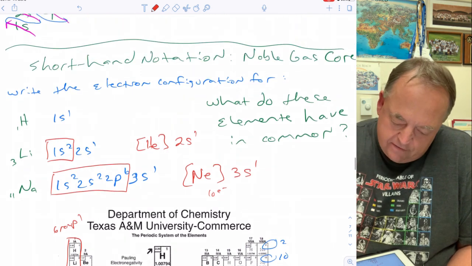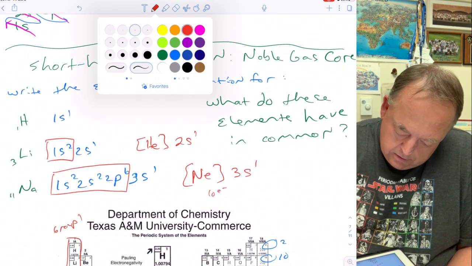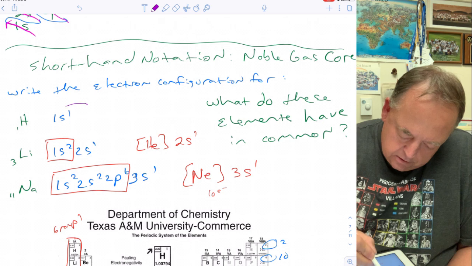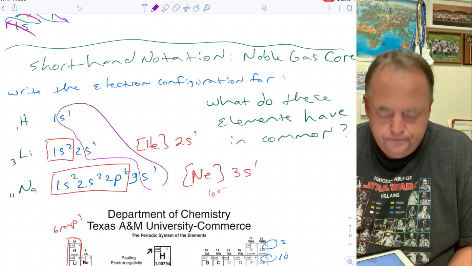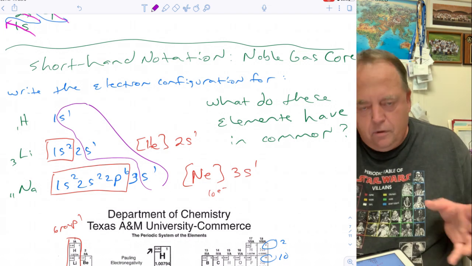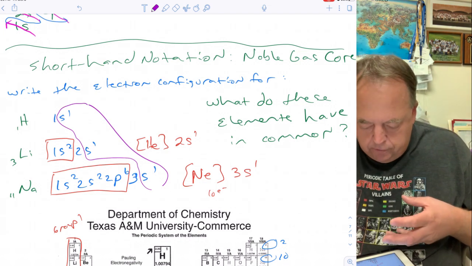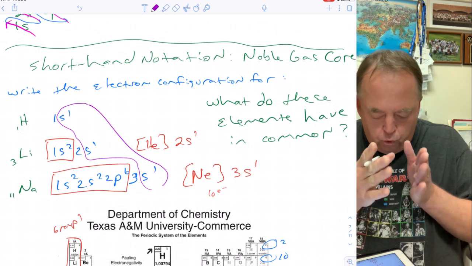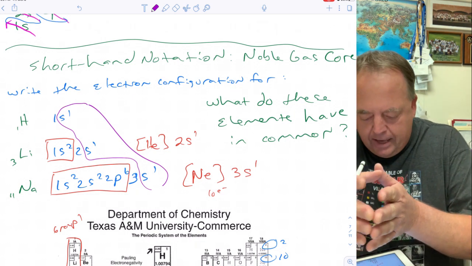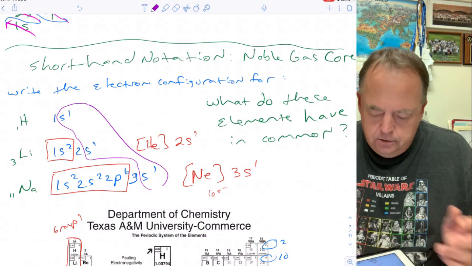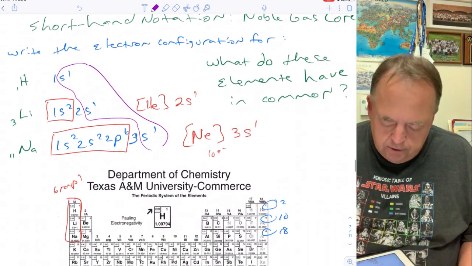Another thing they have in common is they all end in s1. This will be one feature of the periodic table: elements in the same group, in the same column, end in the same outer shell electron configuration, with some exceptions, as we'll see.